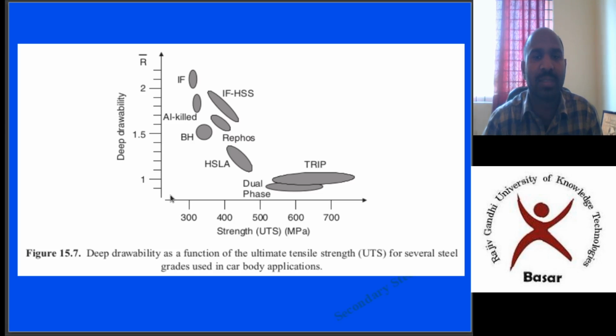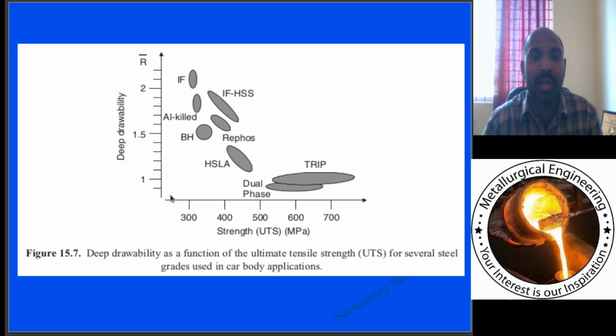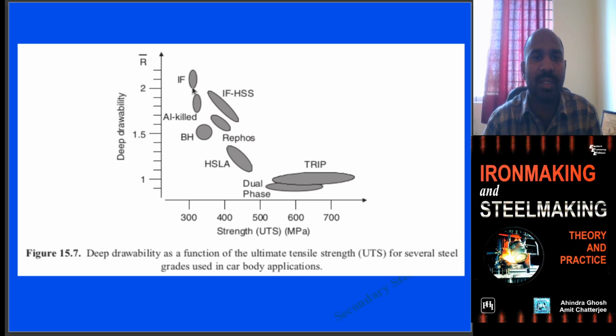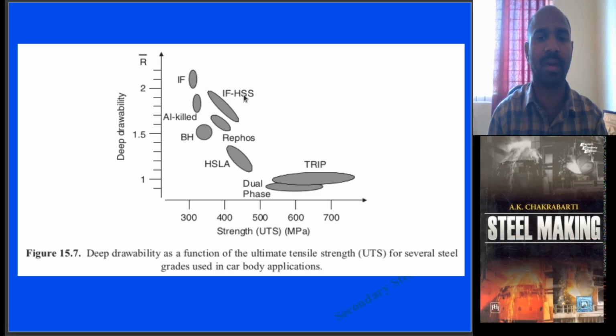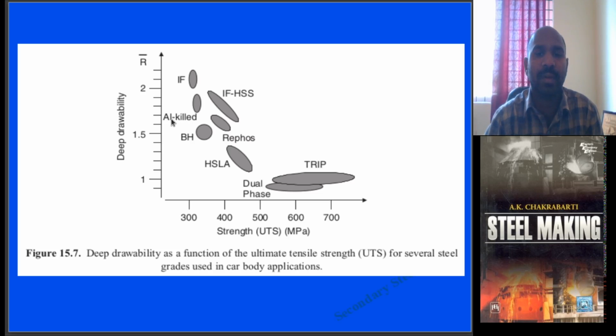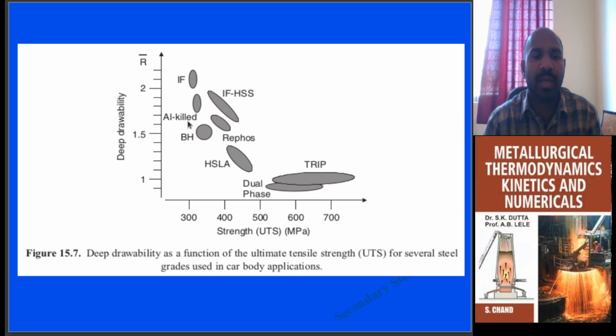This is a broad pictorial graph of the deep drawing properties, that is, the R bar values, for all these steels. IF, interstitial free steels, are in the range of 1.8 to 2.2, along with high strength steels and aluminium killed low carbon steels, whose range is shown here, and BH is bake hardened steel.